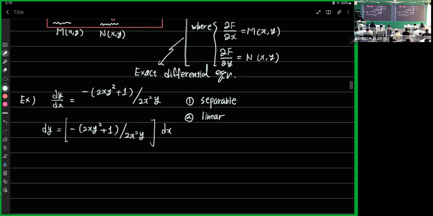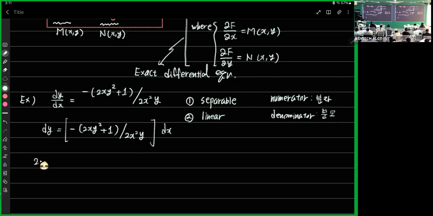And then I'm going to multiply by 2x squared y on both sides. So this is a numerator. Numerator in Korean is 분자. Denominator is 분모. Okay? So this is the numerator, right?